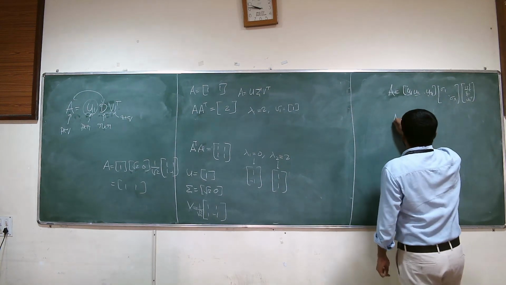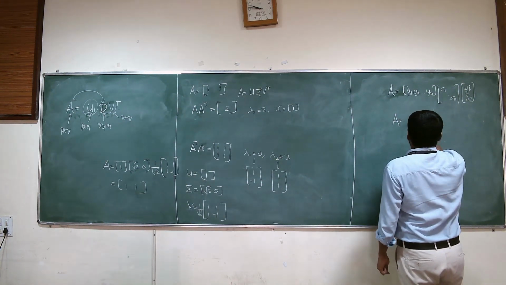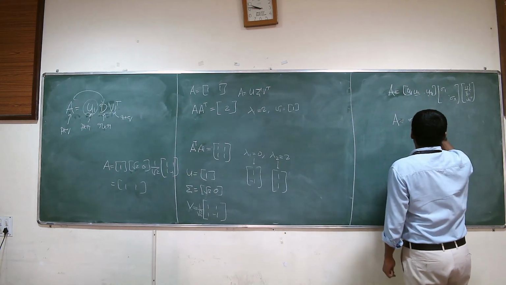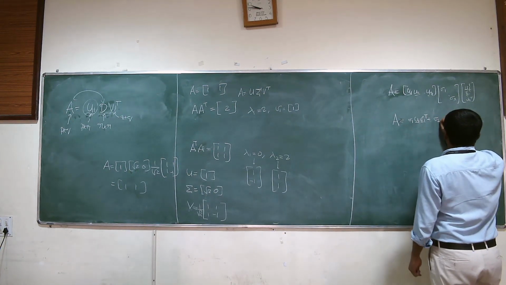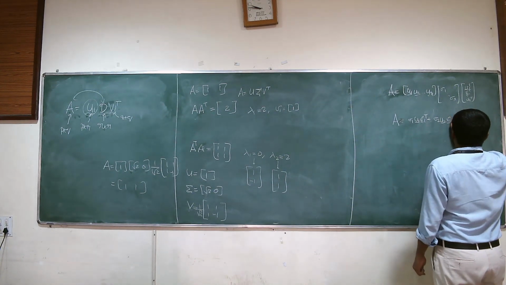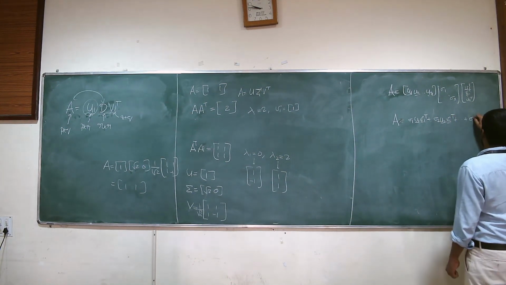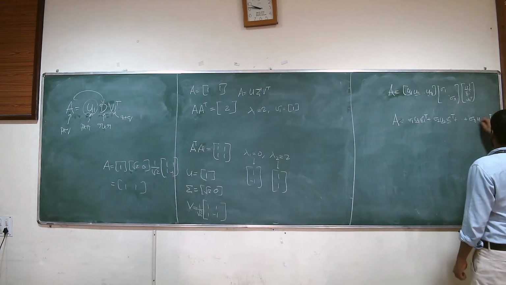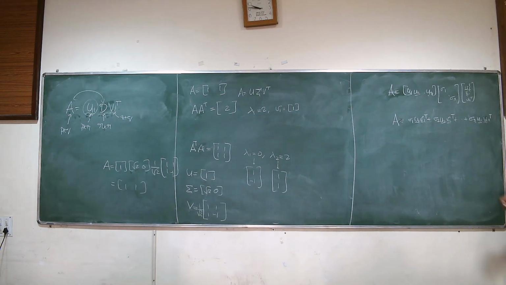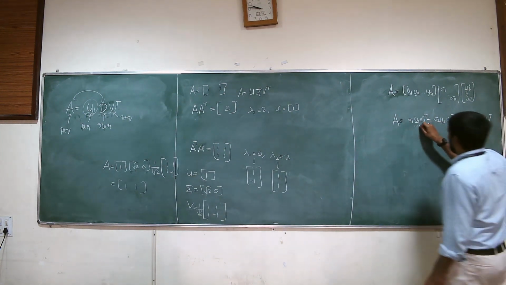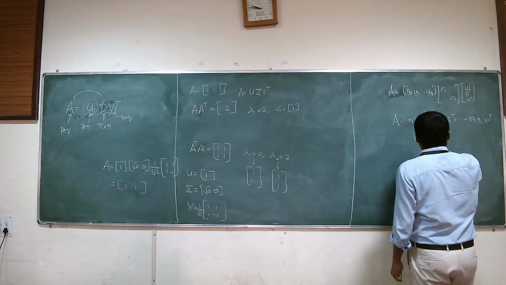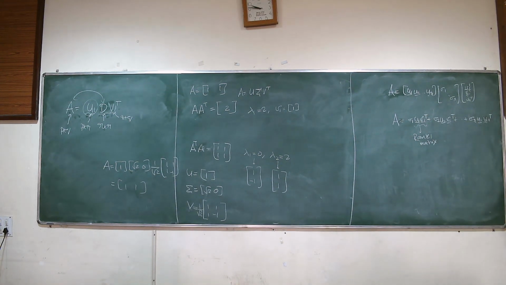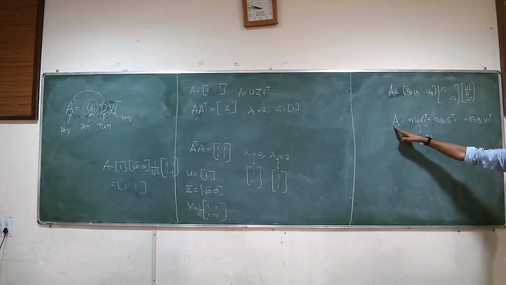If you expand this out, what you will get is sigma 1 multiplied by U1 V1 transpose, sigma 2 U2 V2 transpose, sigma R UR VR transpose. Each of these is a rank 1 matrix. It's an outer product.